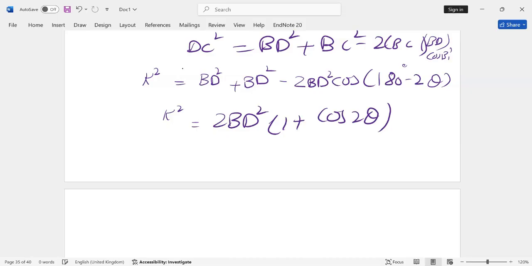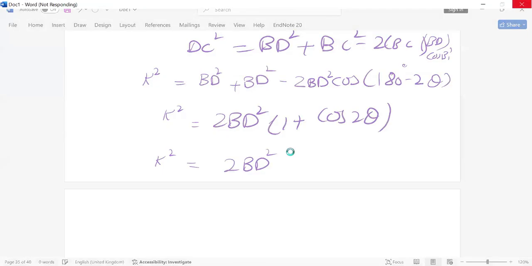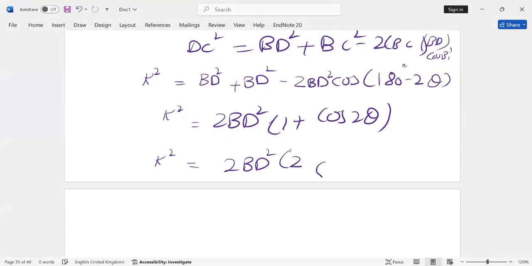formula. So using the identity, 1 plus cos 2 theta is equal to 2 cos square theta. We have K square equals 2BD square into 2 cos square theta, and that is equal to 4BD square cos square theta.